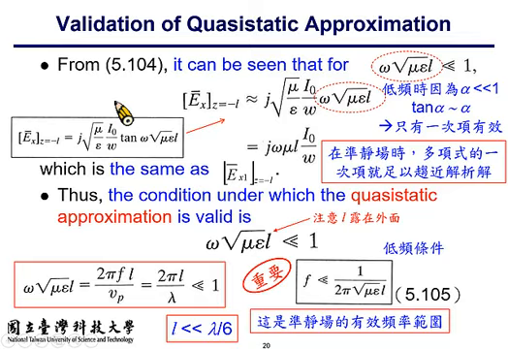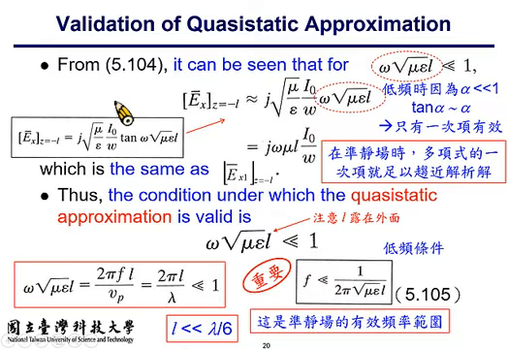I suppose you should remember that the speed of light is 1 over square root of mu times epsilon, all right? So this can be replaced with Vp, the velocity of electrical signal, or the velocity of electromagnetic wave propagation.